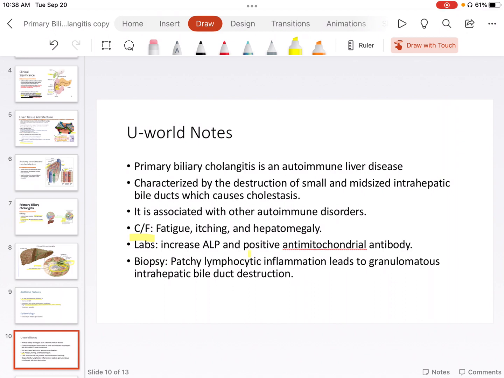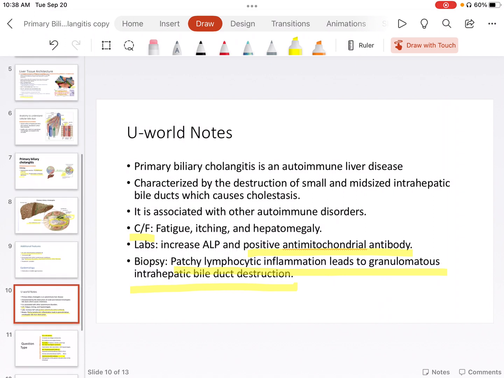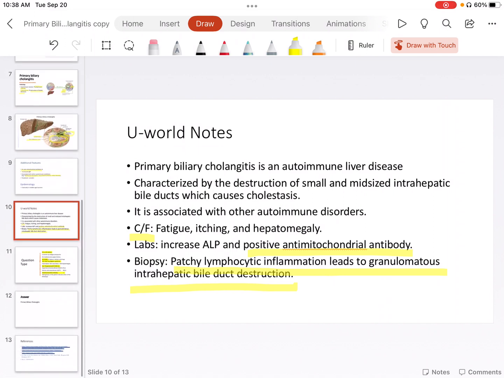And if we see a positive anti-mitochondrial antibody, that means it is definitely primary biliary cholangitis. Next, we can confirm our diagnosis with the biopsy. If we see patchy lymphocytic inflammation leading to granulomatous intrahepatic bile duct destruction, then it's definitely primary biliary cholangitis.